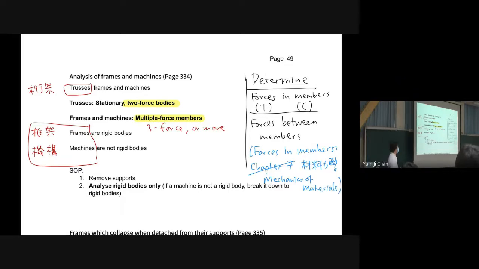Is it okay? So in trusses, we determine whether each member is in tension or compression, T or C. But in frames and machines, we determine forces between members. I will show you. And forces in members, you will do next year.